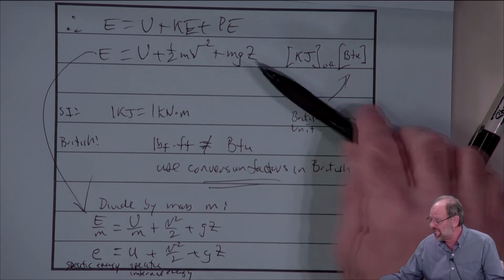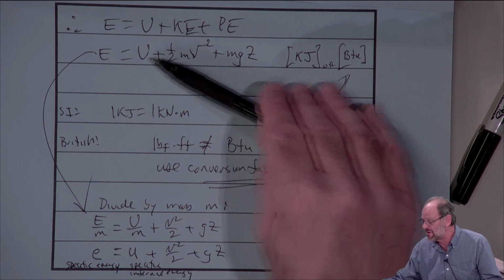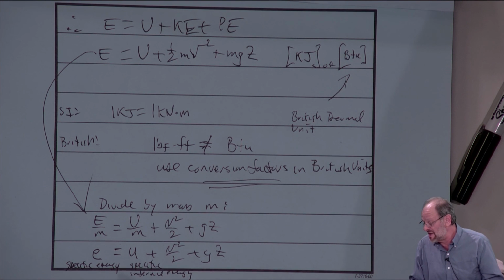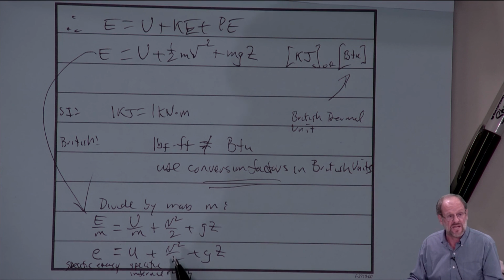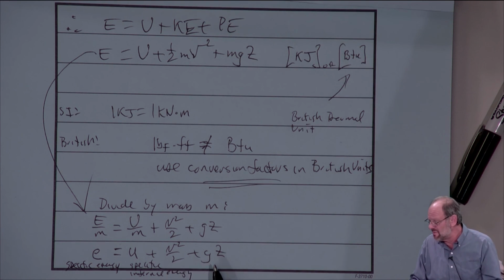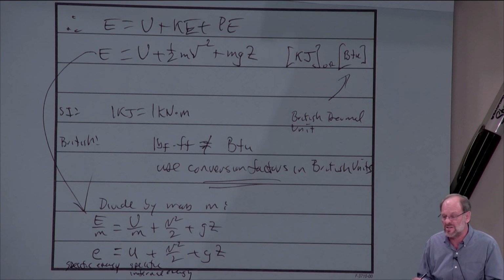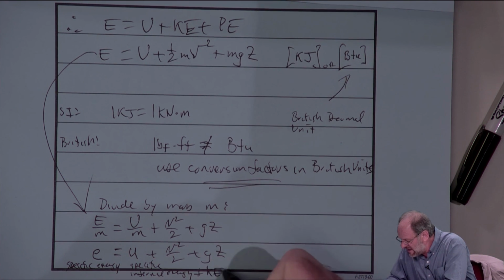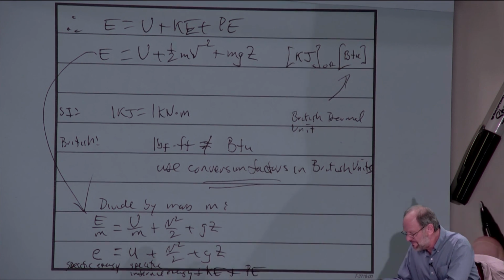The top form says that the total energy is the total internal energy plus the total kinetic and potential energy. The specific energy is equal to the specific internal energy plus, well, this would really be the kinetic energy. We might want to call it kinetic energy per unit mass, and this would be the potential energy per unit mass. Typically, though, I'll just call it kinetic energy and potential energy. So anyway, plus Ke plus Pe.